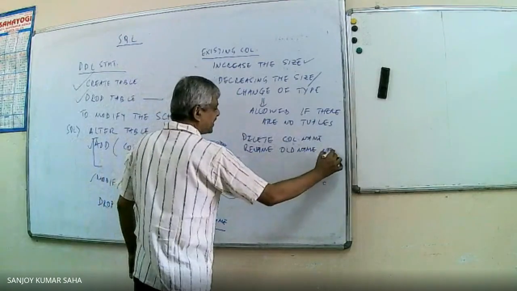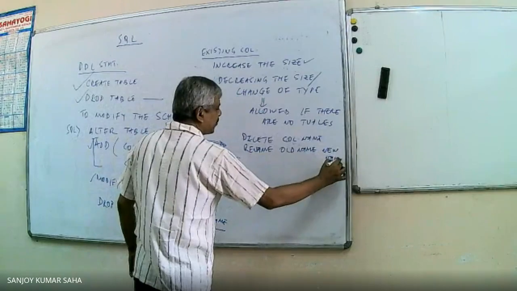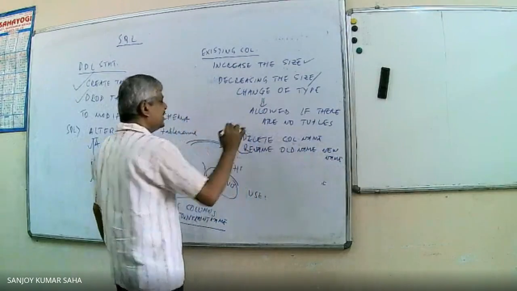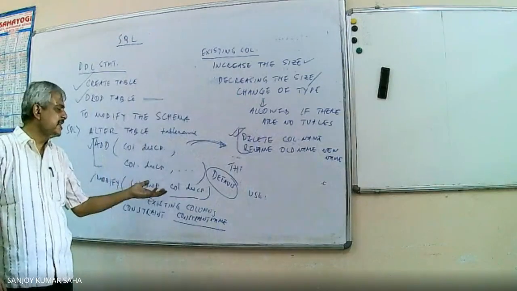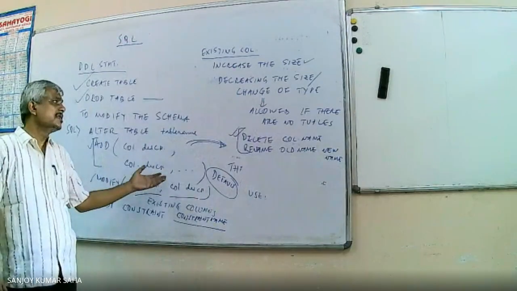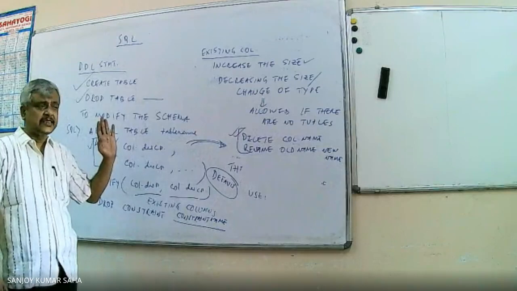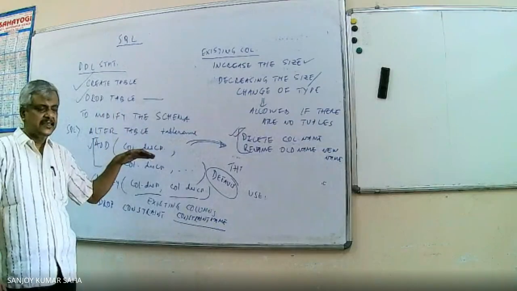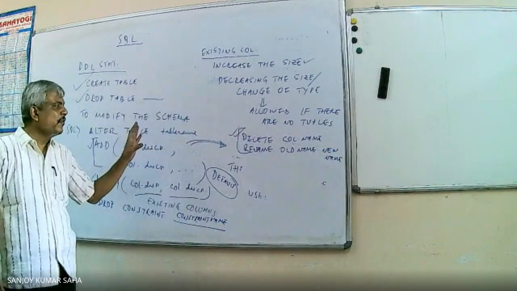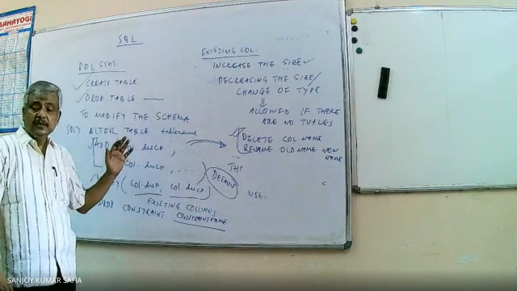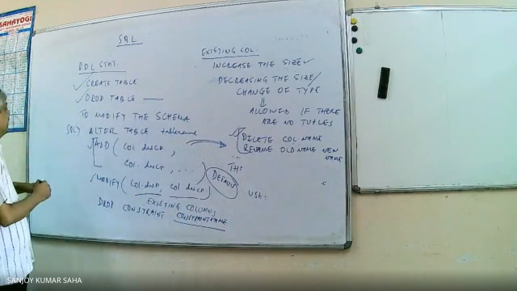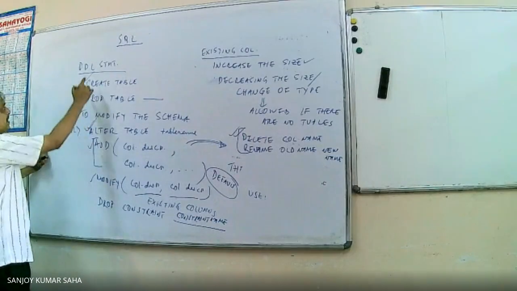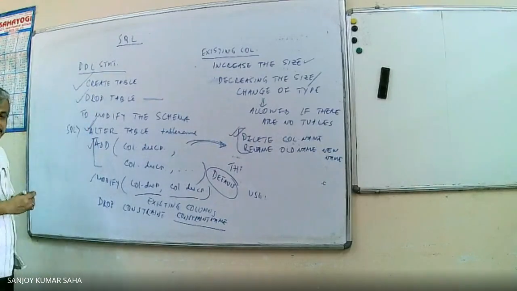These are new additions. Earlier these things were not allowed, but now they are. So we can add new columns, modify existing columns, rename, remove a column, and drop a constraint also. So alter table is again one kind of DDL step.